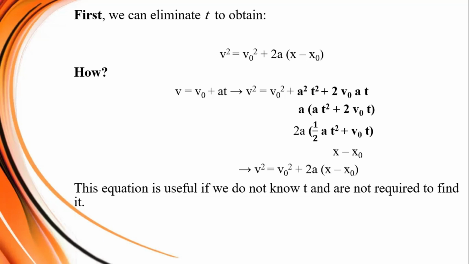And then we also put 2 out of parentheses and we will have 2a times (1/2 at squared plus v0t). As we saw before, 1/2 at squared plus v0t equals x minus x0. And then we have what we want: v squared equals v0 squared plus 2a(x minus x0). This equation is useful if we do not know t and are not required to find it.